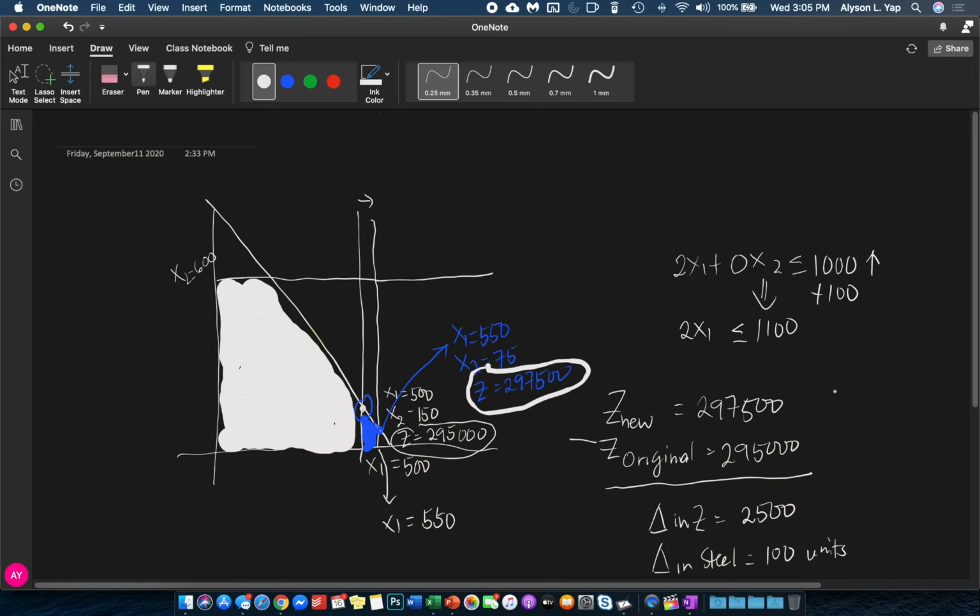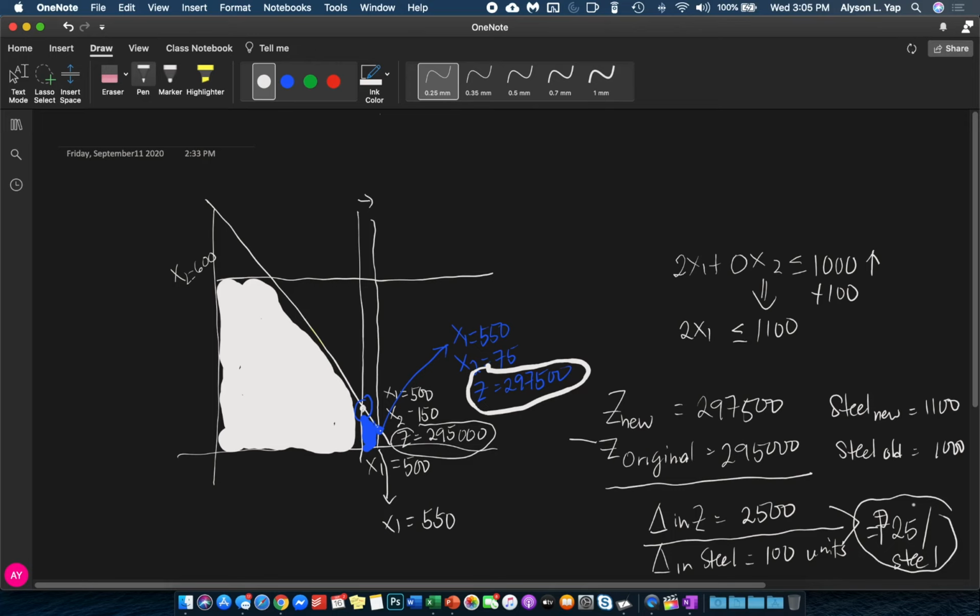Because your steel new equals 1,100 and your steel old is 1,000. And therefore your change in steel is 100. And if you get the ratio of the two, you get a value of 25 pesos per unit of steel.